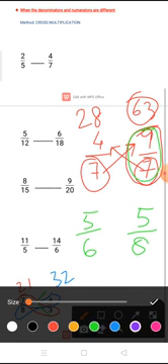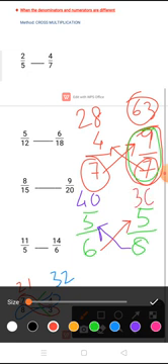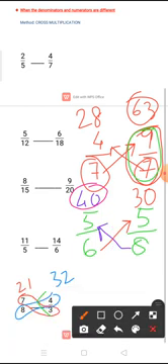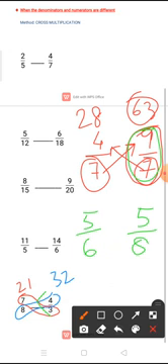We will multiply the second fraction's denominator with the first fraction's numerator and write it on top, and multiply the first fraction's denominator with the second fraction's numerator and write it on top. So 40 and 30 we are getting, and as 40 is greater, this fraction will be greater. In this way we can do the comparison in the case of fractions.